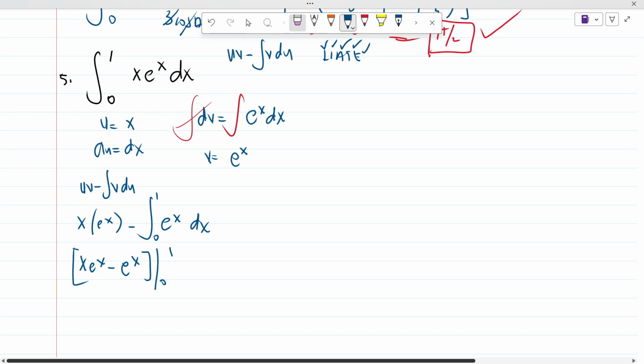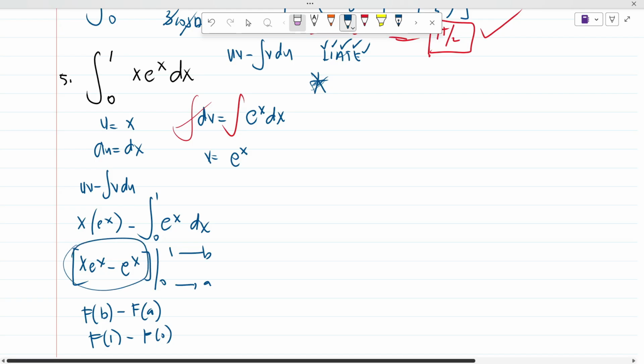Substitute the value of 1 and 0, guys, from FB minus FA. This will be the A, and this will be the B. So, F1 minus F0. Gets? So, dito, continuation. Oh, game. Lahat ng x, palitan ng 1. So, x e^x, since may x, palitan ng 1. e raised to 1, minus e raised to 1.